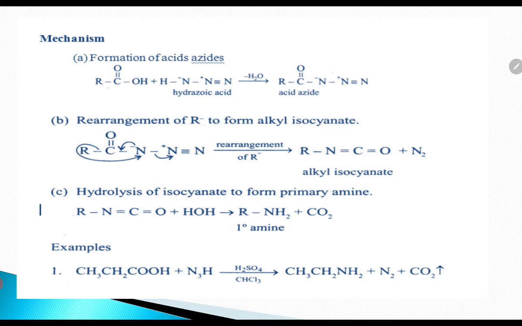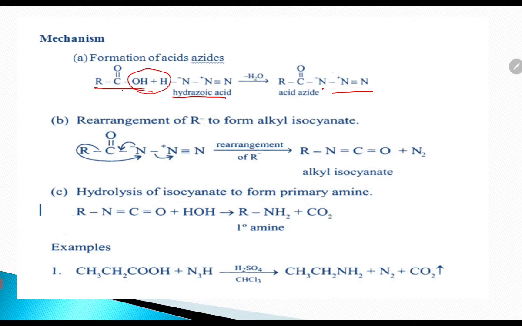RCOOH first reacts with hydrazoic acid. One H2O molecule is lost and acid azide is formed, that is RCO-N minus-N plus triple bond N. Acid azide is obtained.